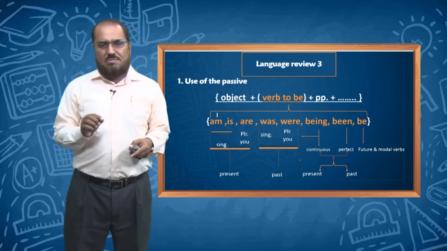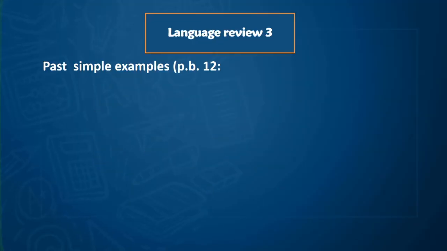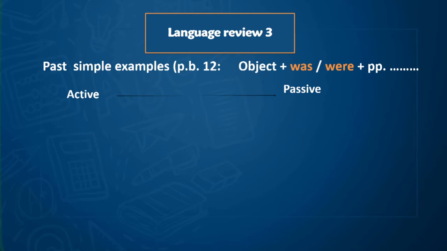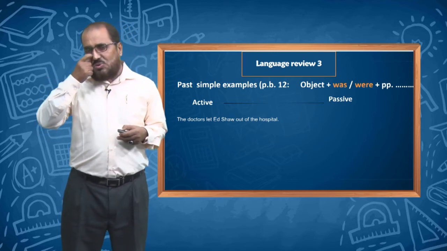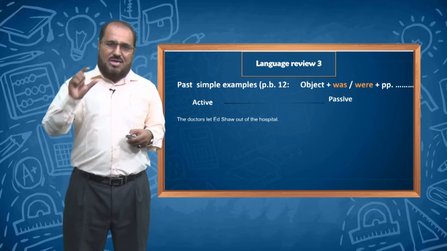Let's have some examples about the passive. Let's choose the past simple. If it is past simple, the structure will be object, was or were, then the past participle. Example: change from active into passive. The doctoress let Edie show out of the hospital. Change it into passive. As I said in the previous lesson, we have to look for the object first, because we are going to start with the object.